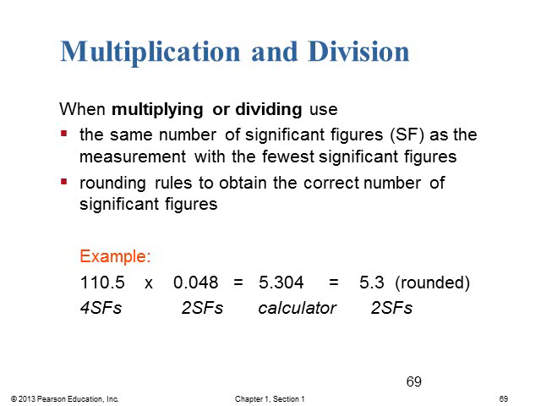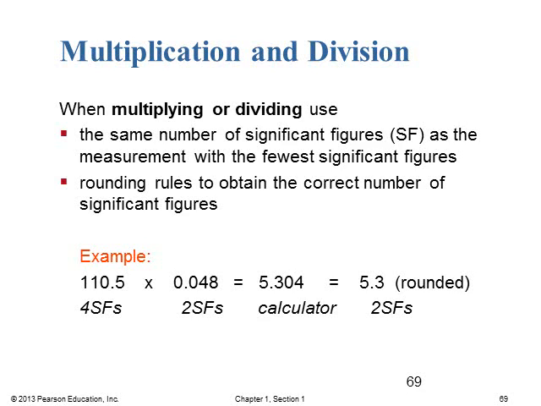So in the example, we have 110.5 multiplied by 0.048. So our 110.5 has 4 significant figures, and our 0.048 only has 2 significant figures. So if we were to plug that in our calculator, we get 5.304. That is more significant figures than we're allowed to report.